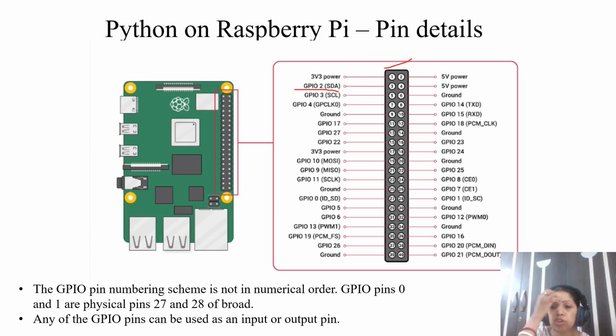Suppose you connect an LED to the GPIO 2 pin. In the program, what configuration do you have to do, whether you write 3 or pin number 2? For that, you have to use some packages and some function syntax. For mentioning this pin number, you have to use one syntax, one function.